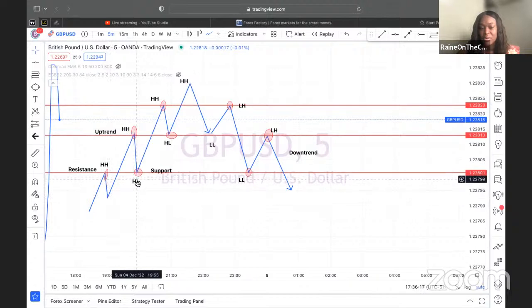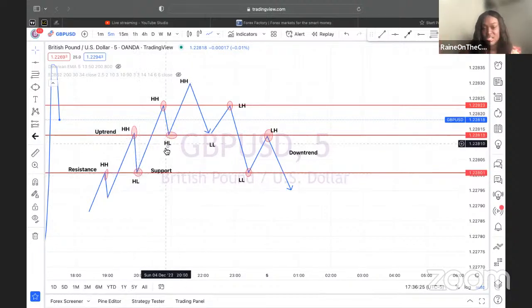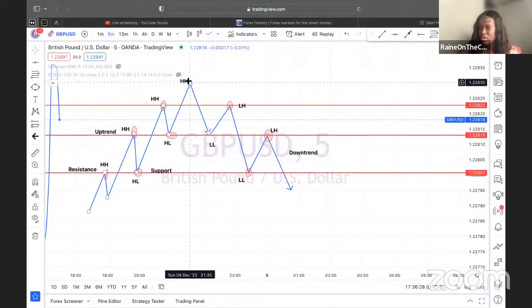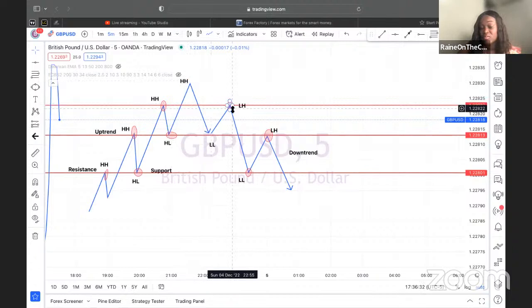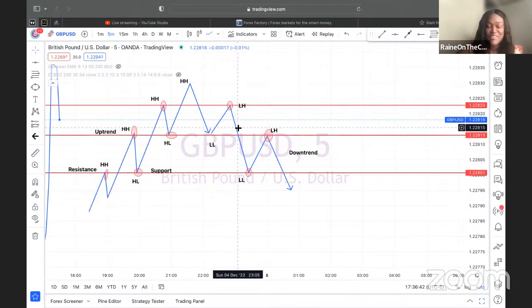It has to be above, right? New higher high, the new low is going to be higher than the previous low. It's just that simple. And on the flip side, the lower highs and lower lows, it's not going to come back up to the previous low. You get what I'm saying, right?